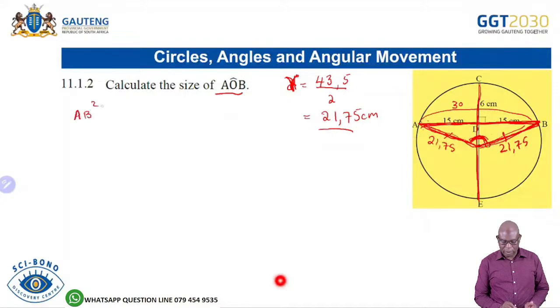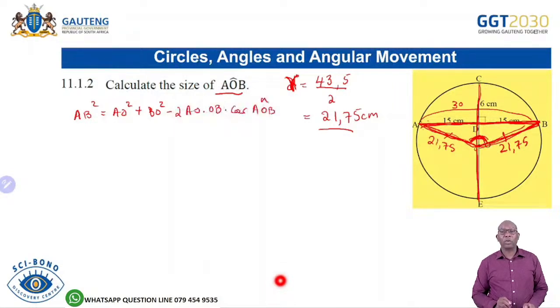AB squared equals AO squared plus BO squared minus 2 times AO times OB or BO cos of the angle AOB. So can you see how I'm going to get the angle?